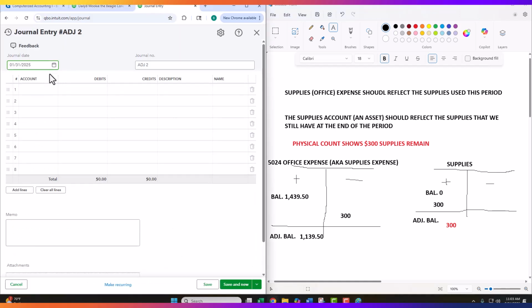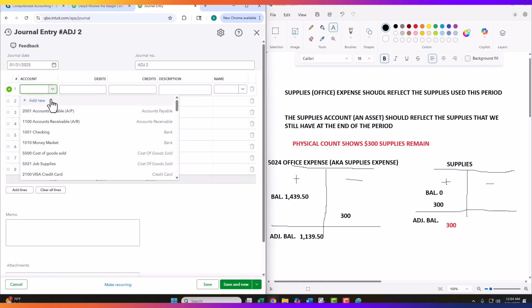And now we're going to do that in QBO through that journal entry. So once again, I pulled up the journal entry number 2 that appeared after I saved adjusting entry number 1. Make sure the date's still the 31st of January, and now I'm just going off these T accounts. And I'm following the convention of listing debits first. So the supplies asset account was debited for $300. So I need to find that in my list.